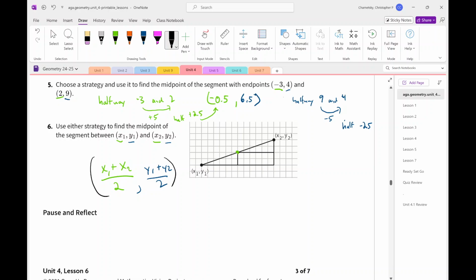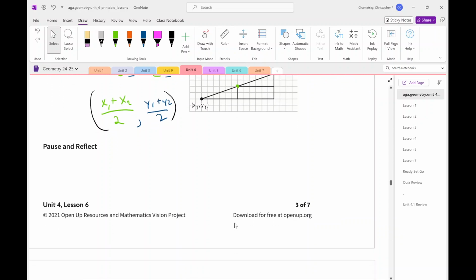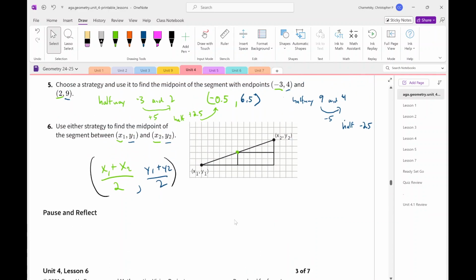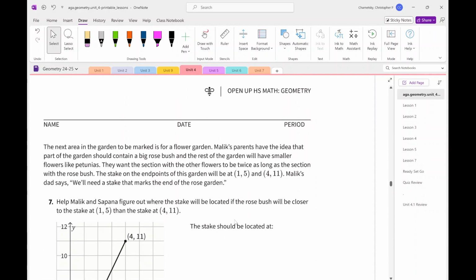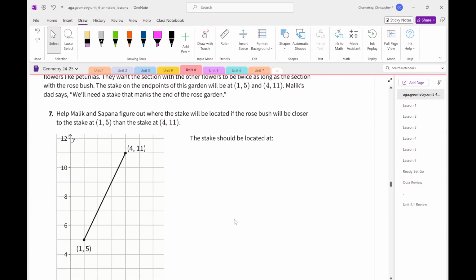Or we could try to find the halfway point between x1 and x2 and the halfway point between y1 and y2.